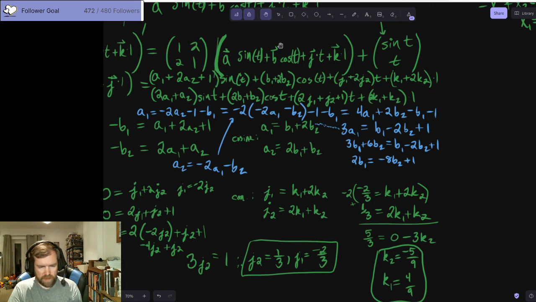Cosine, we got a 1 for A1, 0 for A2, -1 for B1 because it has to move over with the A, -2 for B2, and 0 constant. Alright, 0 for A1, 1 for A2, -2 for B1, and -1 for B2, no constant.